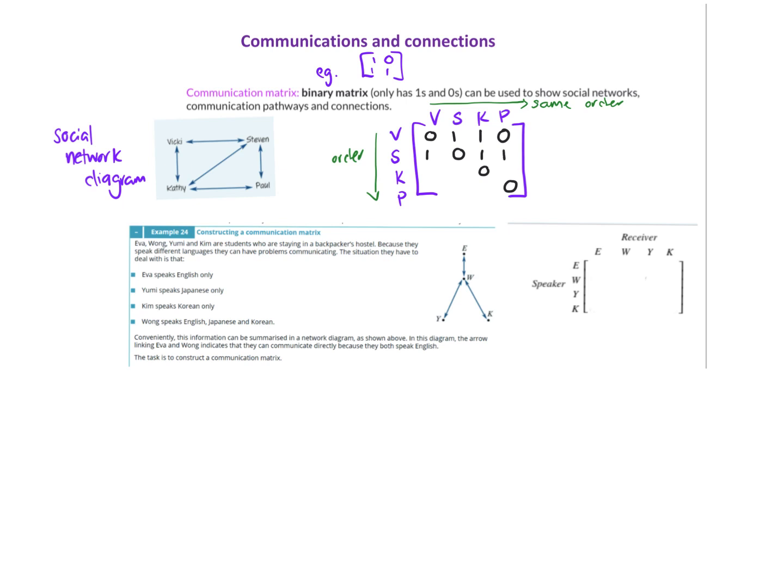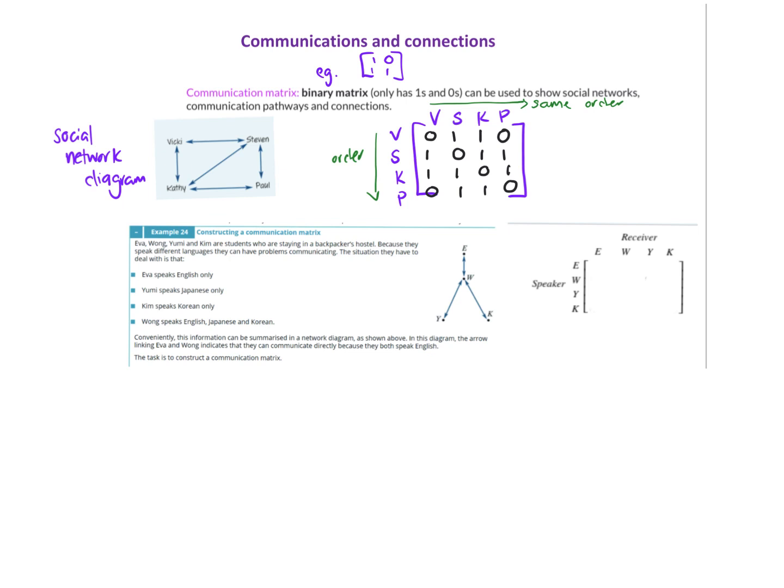Kathy can talk to Vicky, Stephen, and Paul. And Paul can't talk to Vicky, but can talk to Stephen and Kathy. So there's a way of practicing setting up a communication matrix. It's only going to have 1s and 0s. That's a binary matrix. Have you heard about binary coding in computers? I'm pretty sure that means you only have 1s and 0s in the coding. That's why it's called binary coding.